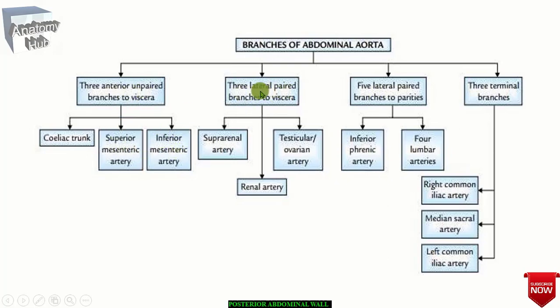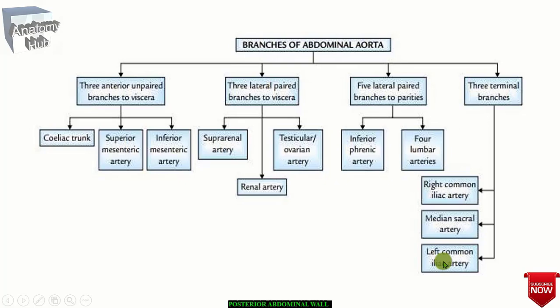Then you will find three lateral paired branches to the viscera: the suprarenal artery to the suprarenal gland, the renal artery to the kidney, and the testicular and ovarian artery to the testis and ovary. Then you will find the paired posterolateral branches, that is your inferior phrenic artery and the four lumbar arteries. And you will find three terminal branches: the right common iliac artery, the median sacral artery, and the left common iliac artery.